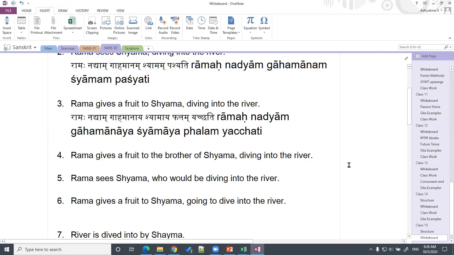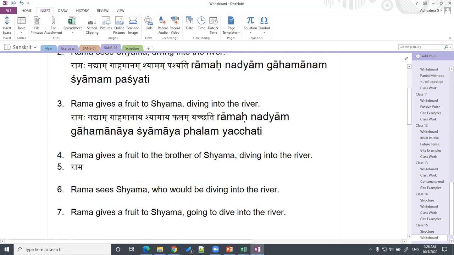So the way you will put it is Ramaha Gahamanasya Shyamasya, to the brother of. So brother will come in the fourth case.